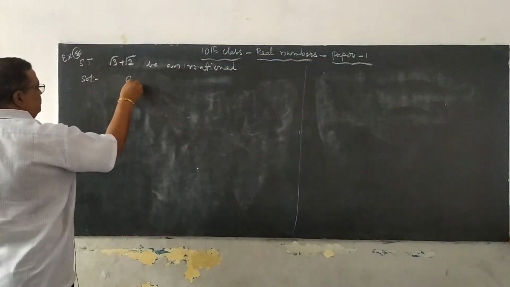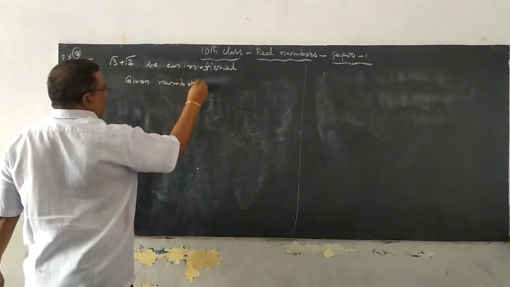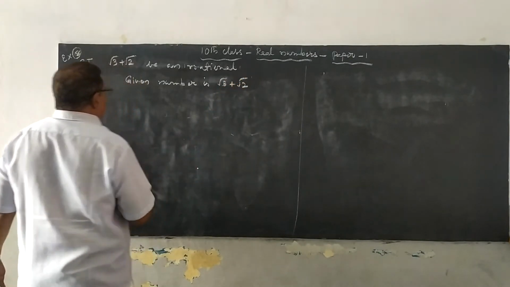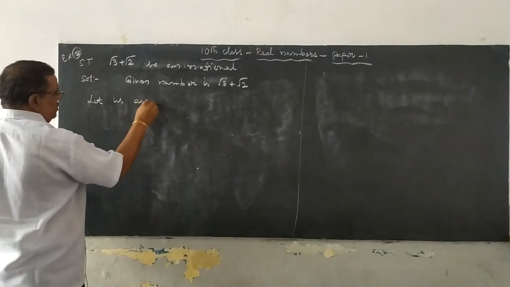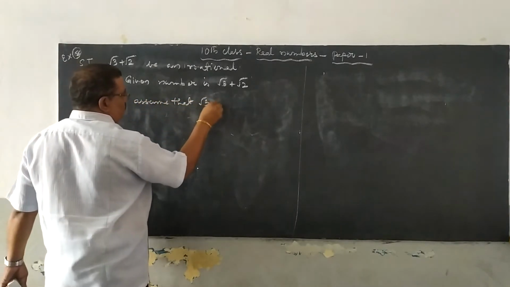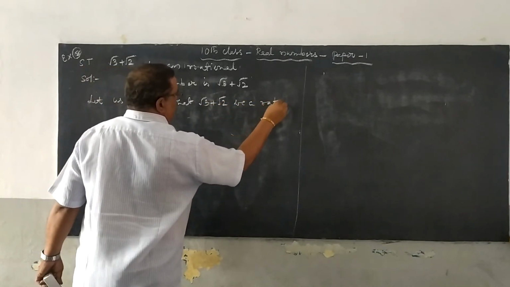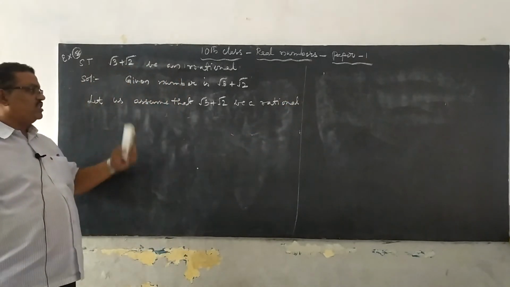So go through this one. Given number is root 3 plus root 2. Let us assume that root 3 plus root 2 be rational.